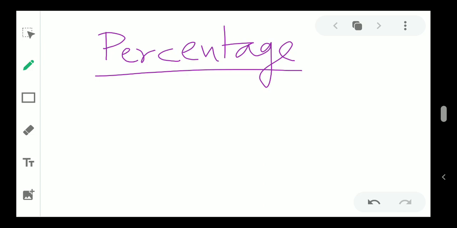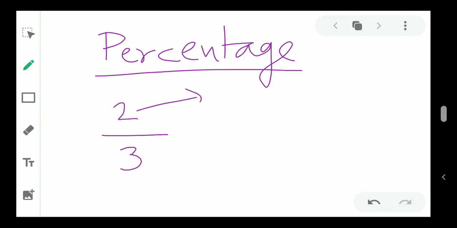So what is percentage? Very easy. Probably you will be remembering the fact about factors, and from that we have come slowly to fractions, right? So how to write one fraction? 2 by 3, these were fractions.